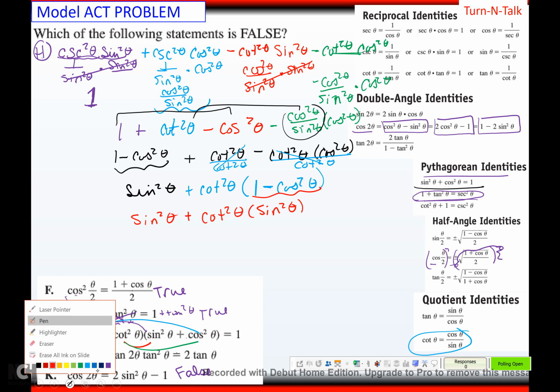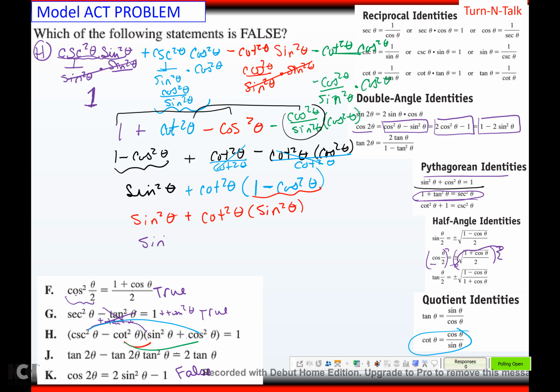Well, now I can factor out the sine squared theta, and if I divide by sine squared theta, I get 1 plus cotangent squared theta. And if I look at my Pythagorean identity with cotangent in it, 1 plus cotangent squared is cosecant squared.